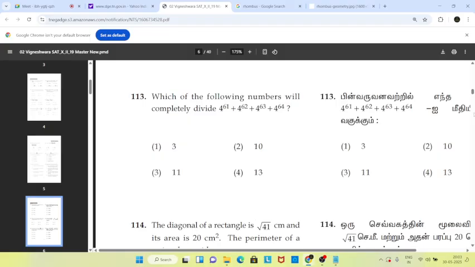So if you look at 4, 16, 64, 256, the last digit is 4, then 6, again 4, again 6. 4, 6, 4, 6, like that it will continue.